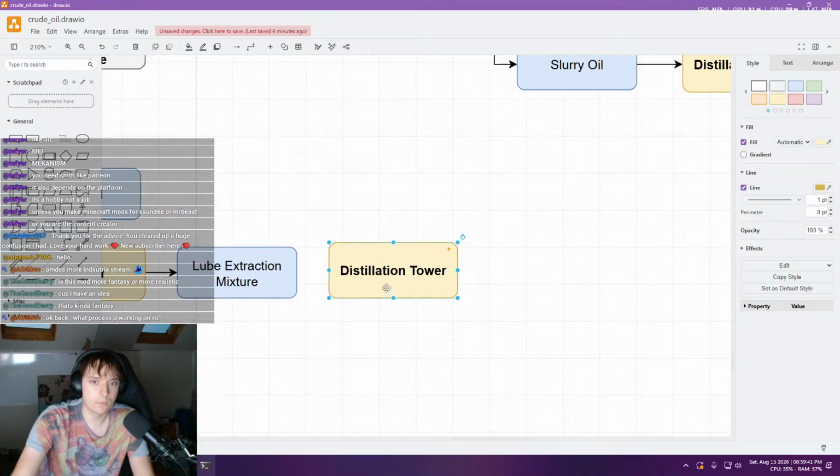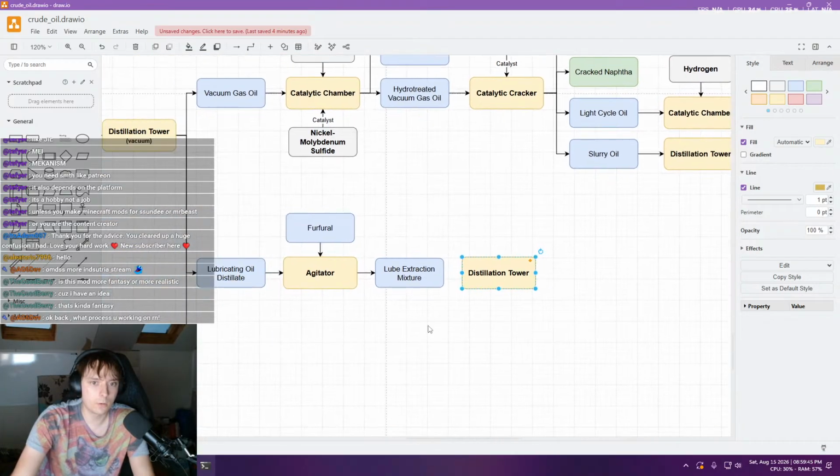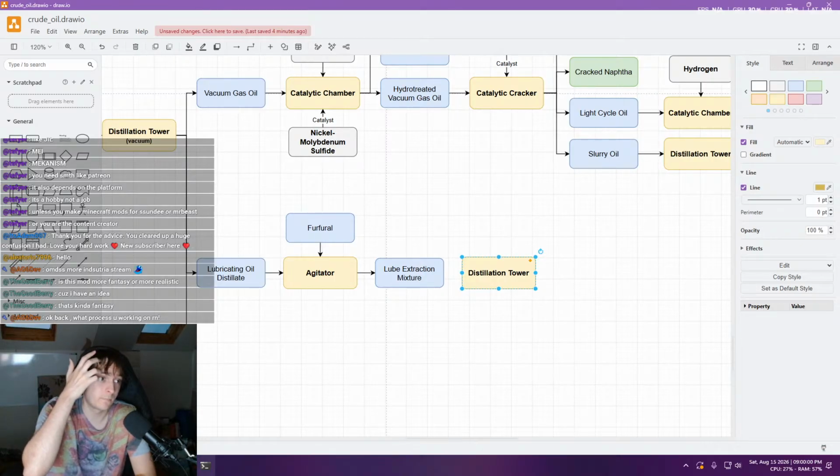Hello, Wide. Welcome back. We're working on the lubricating oil distillate to turn that into, well, everything. Basically into mech, into the other stuff that I listed that I've already forgotten.